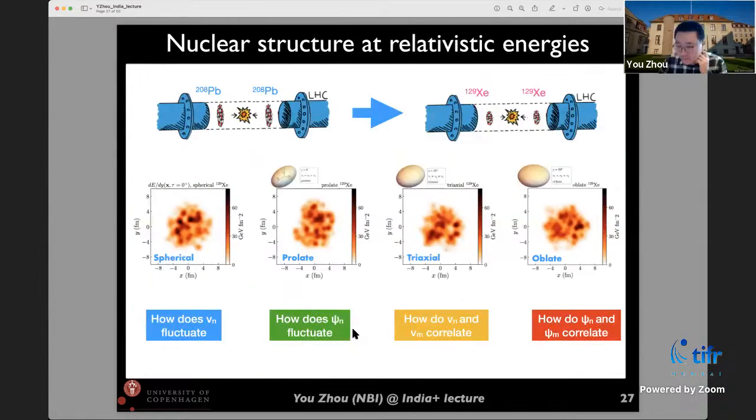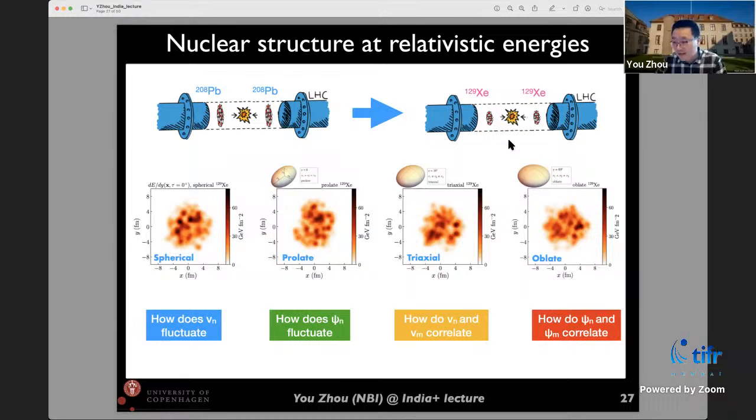And we do have very unique sensitivity to the initial condition. In fact, I want to remind you that at the LHC, we have not only the collision between lead at 2.76 TeV and 5.02 TeV, we also have 8 hours of data taking with collisions of xenon-129.